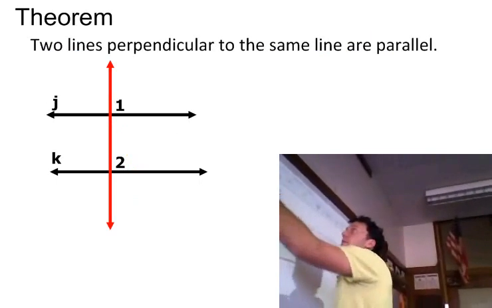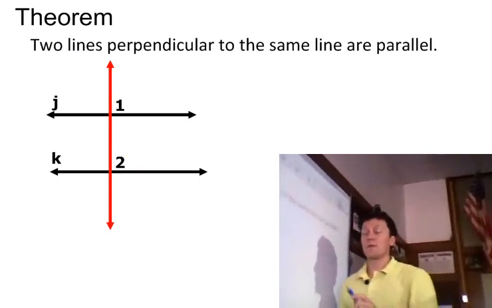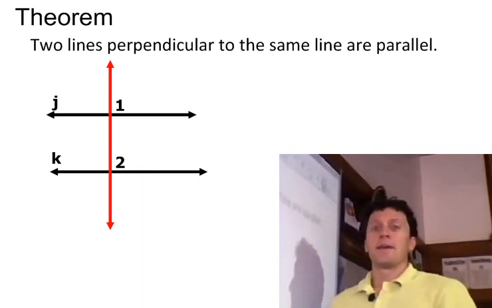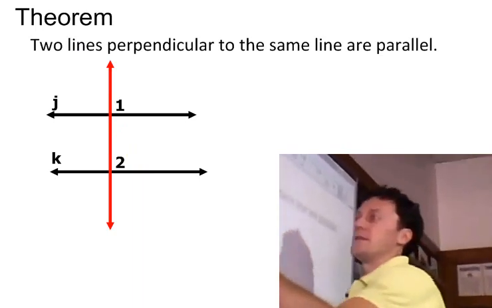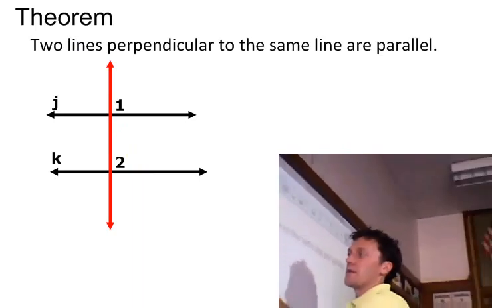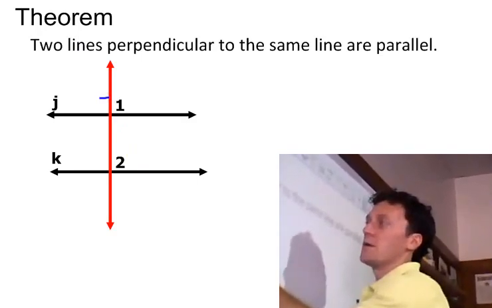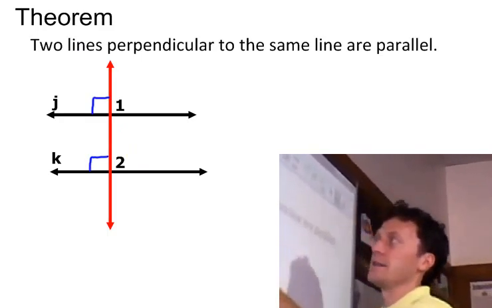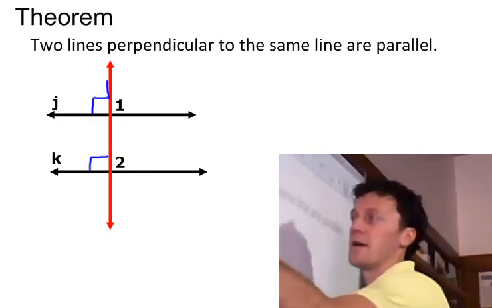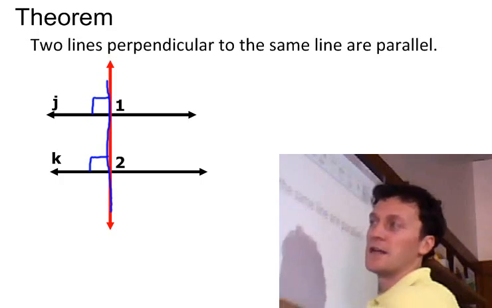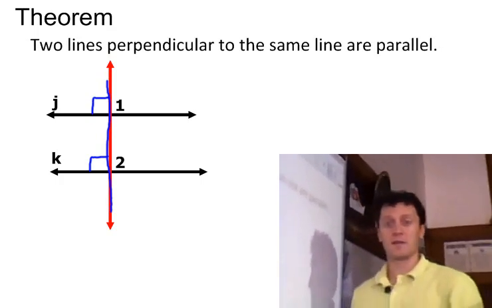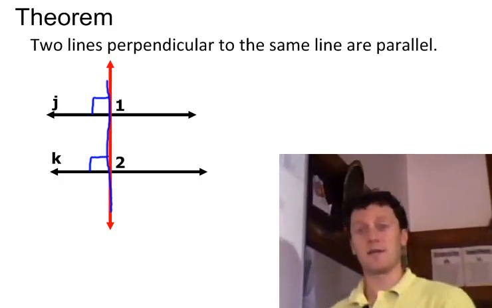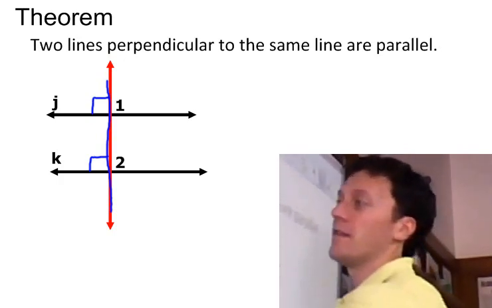Okay, and then finally here's the one with the perpendicular lines. This is kind of shortened up here a little bit, but it says that two lines perpendicular to this same line. So if these two lines, lines J and K, are perpendicular to that transversal, to the same line, then the lines are parallel.